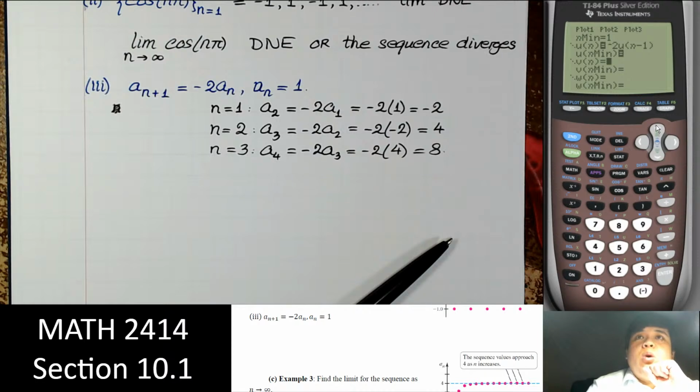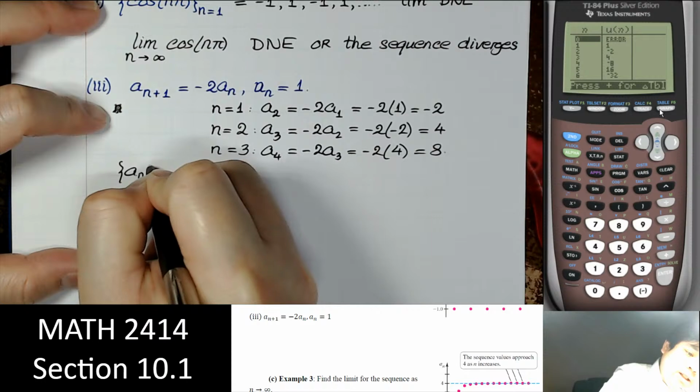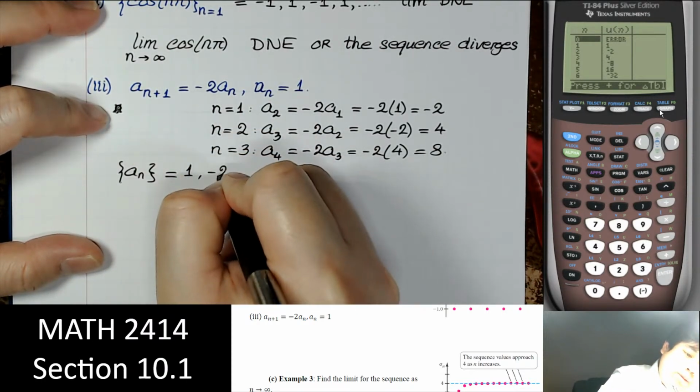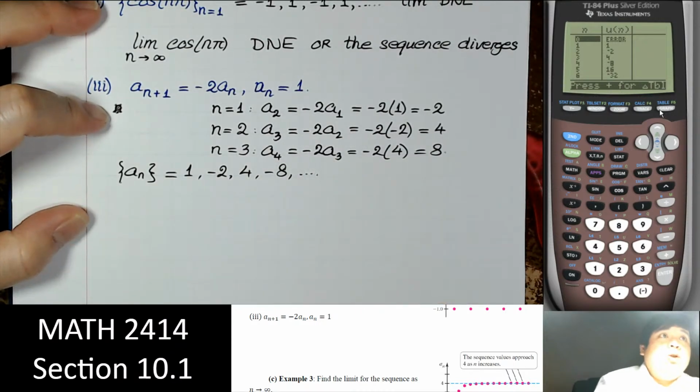And the first term is 1. Right. Second table. So we say a sub n is equal to 1, -2, 4, -8, and so on.